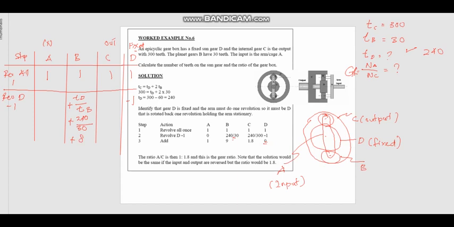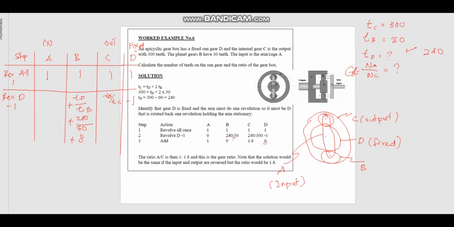Right? So B, and then next B meshes with C. So every one revolution of B will make TB over TC revolution.